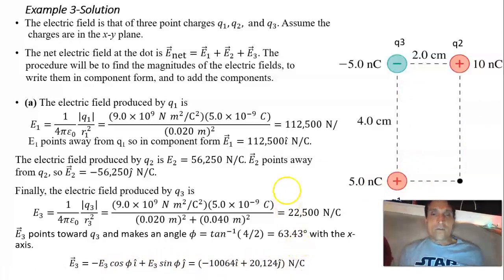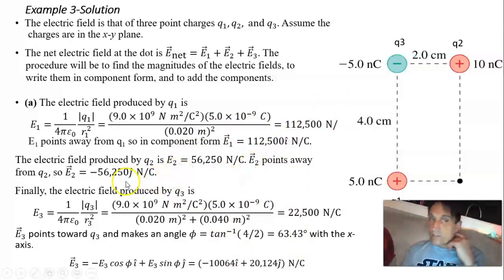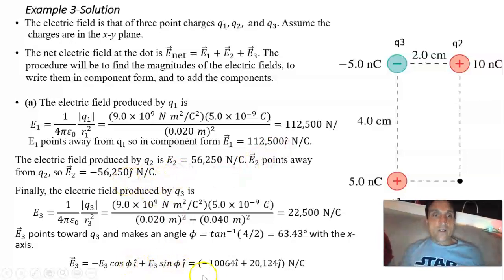So now we have all of the x components and we have all the y components, right? Because E1 only has a component in the plus x direction. E2 only has a component in the minus y direction. E3 has components along both, along the negative x and the plus y. So to get the total x component, remember we add up all the x components of the 3 vectors.